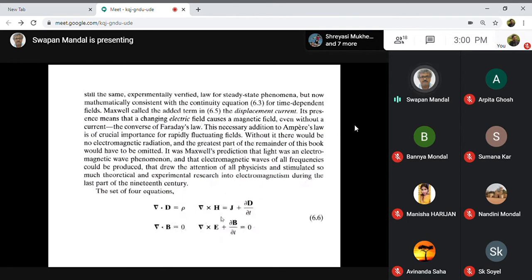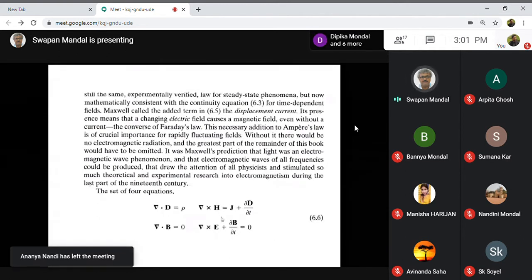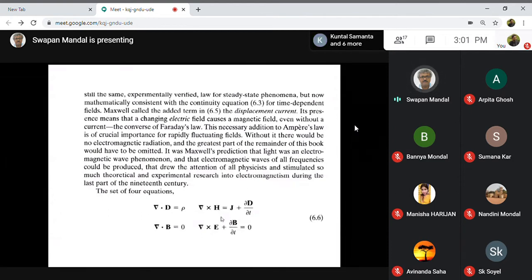You know that electric and magnetic field are measurable quantities. So you can measure the electric field and magnetic field and the corresponding force, etcetera. But remember that we do not calculate the electric field and magnetic field directly. Rather, we calculate the potential initially, and after knowing the potential, we calculate the field.